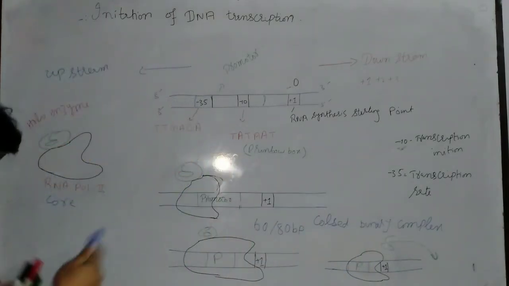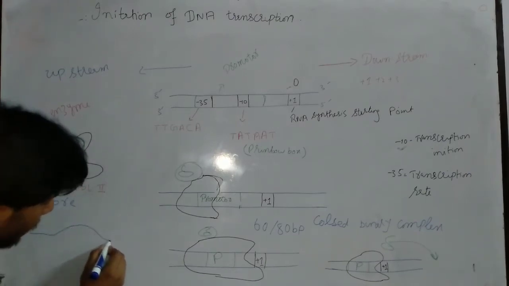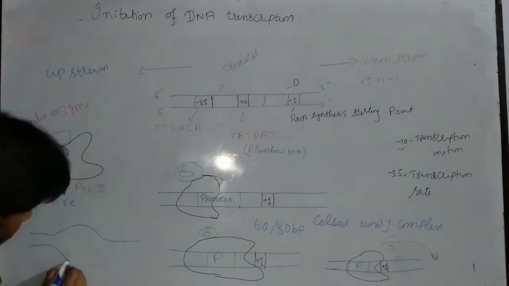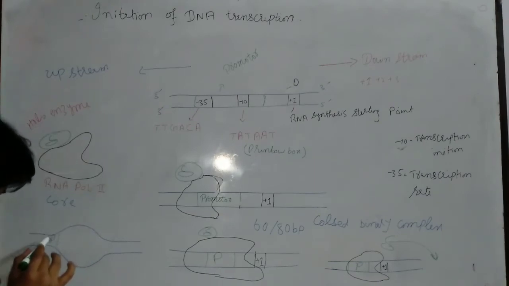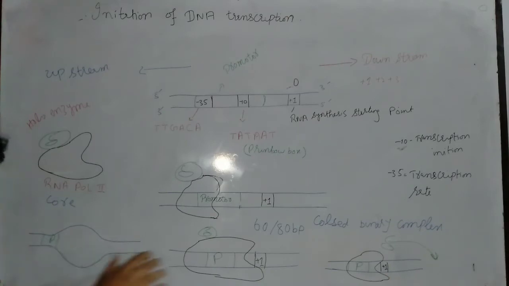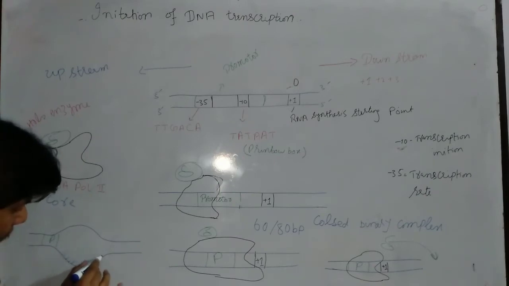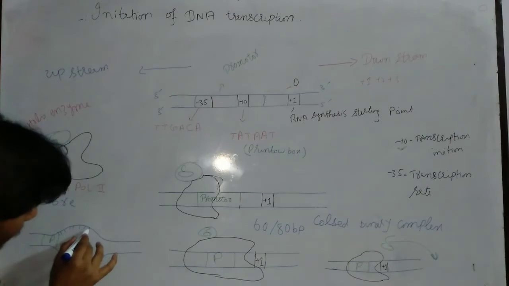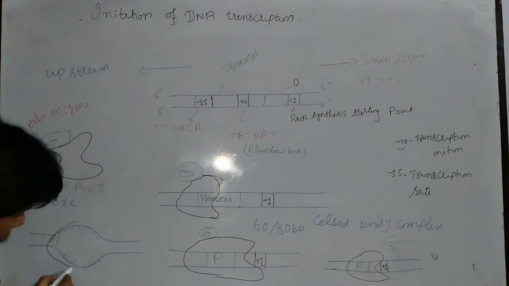Again, this is the promoter region, and this is the +1. So at the +1 position, the DNA becomes melted, and these are the DNA sequences, as you can see. And this is the RNA polymerase 2.